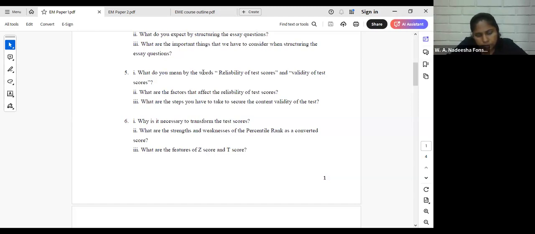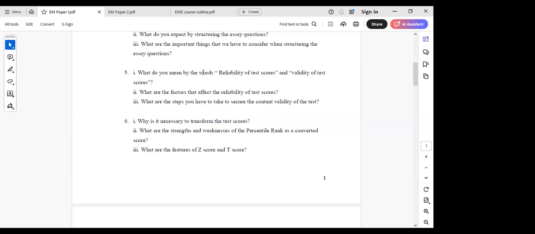So then, what are the features of Z score and T score? What can you say about it? What are the features of Z score and T score? Z score, standardized score.